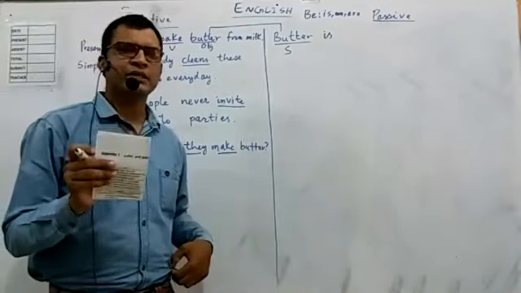Now there are two opinions. Once this sentence is complete, like butter is made from milk. We make butter. In active, we say that the doer is important. We make butter from milk, so the doer, the person who is working, is important. In passive, action is important.